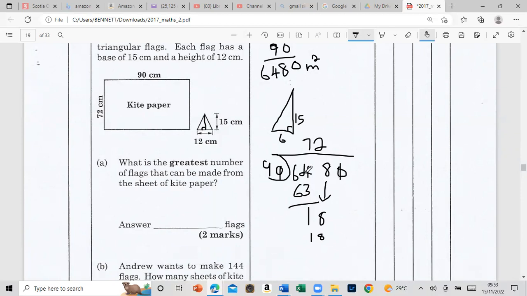So that would be 72. So it would be 72 flags.